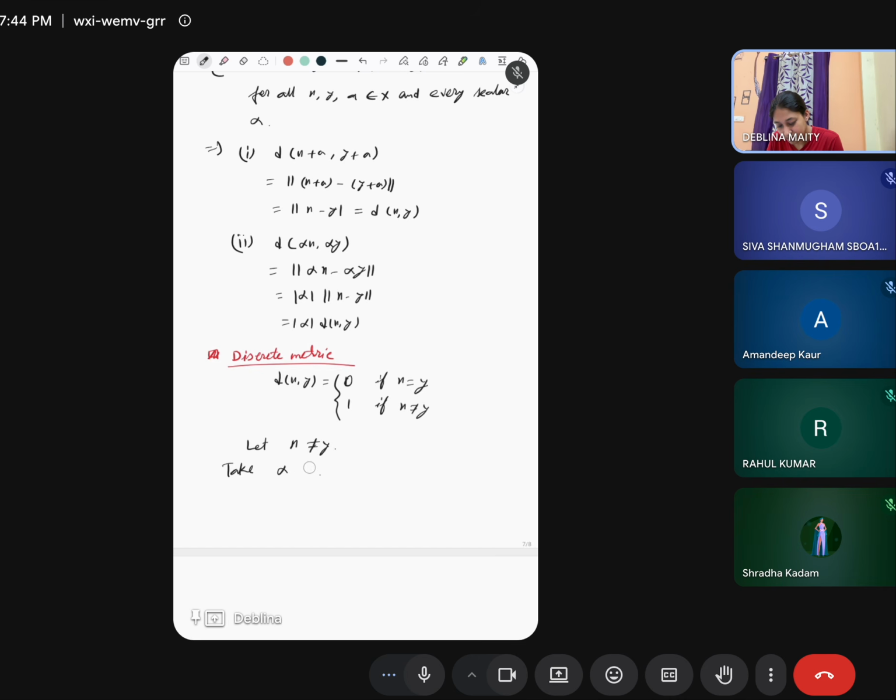Take alpha such that the modulus of alpha is not equal to 1. Then what is d(alpha x, alpha y)? Since x not equal to y, alpha x is not equal to alpha y, so this implies d(alpha x, alpha y) is 1, because if x is not equal to y, then it is 1. And d(x, y) is also 1, so d(alpha x, alpha y) is not equal to mod alpha times d(x, y).